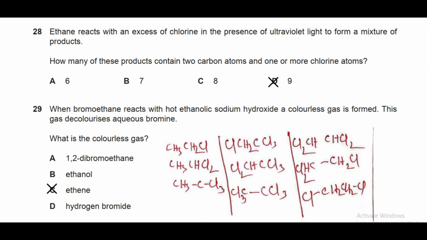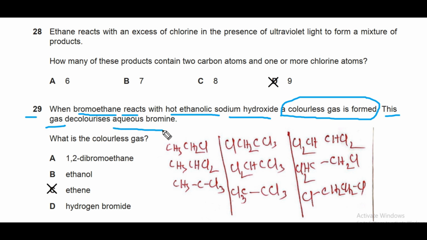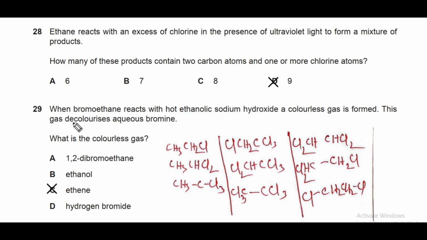Now 29. When bromoethane, a haloalkane, reacts with hot ethanolic sodium hydroxide, a colorless gas is formed. This gas decolorizes aqueous bromine. That means an alkene is produced.